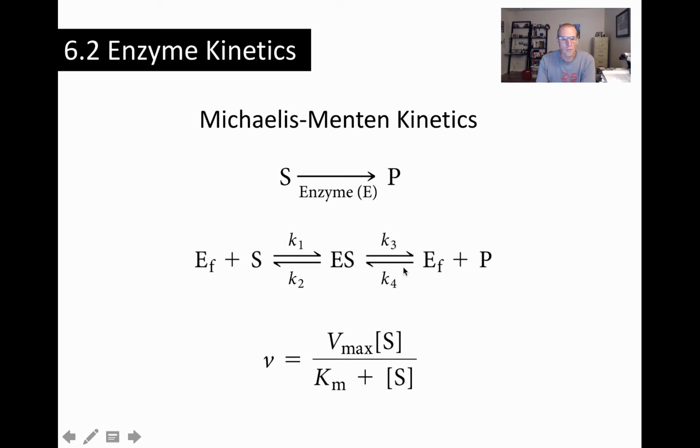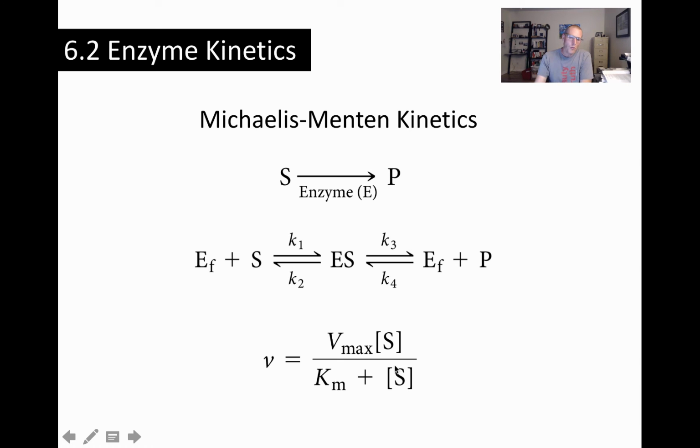And so we've got these constants which help us think about the rate of enzyme substrate complex formation and then catalysis of the reaction or conversion of the substrate S into the product P. So K3 is probably the most important thing to think about here.